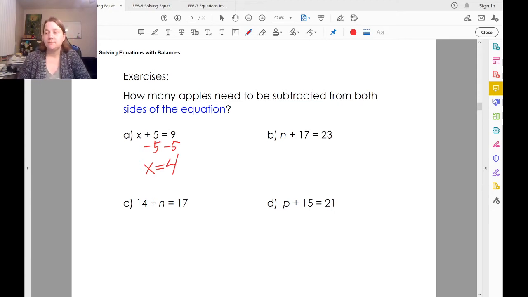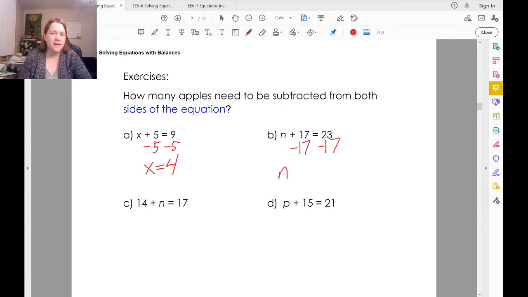Welcome back. So let's take a look at letter B. Letter B, we have N plus 17 equals 23. We have 17 loose apples rolling around, so we need to subtract those from both sides to make sure that these scales stay balanced. We're done with this.